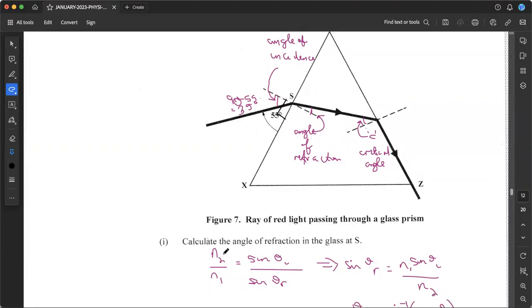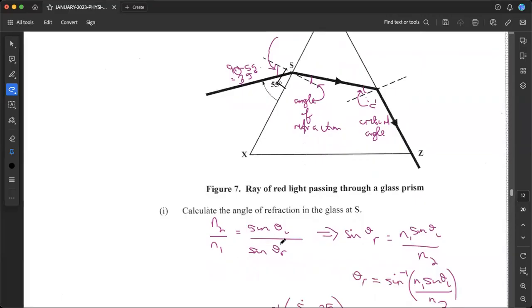So this is the refractive index of glass, and this is the refractive index of air, which we know is 1. All we have to do is rearrange this formula, making sine theta r the subject. We end up with sine theta r equal to N1 times sine of theta i, divided by N2, which is the refractive index of glass.